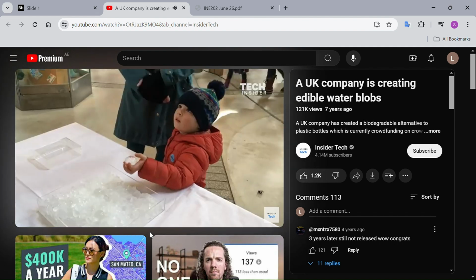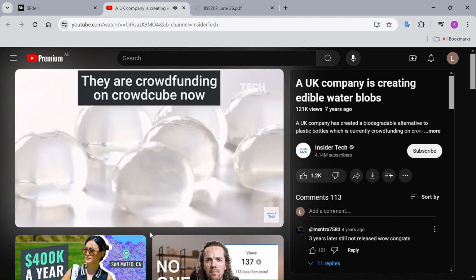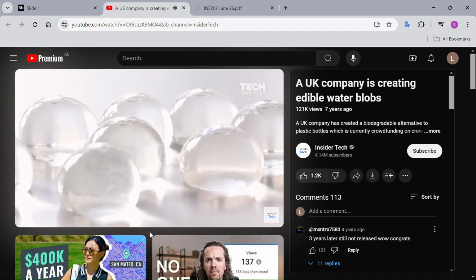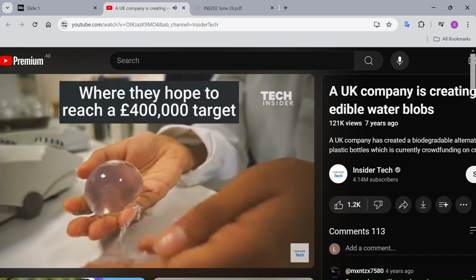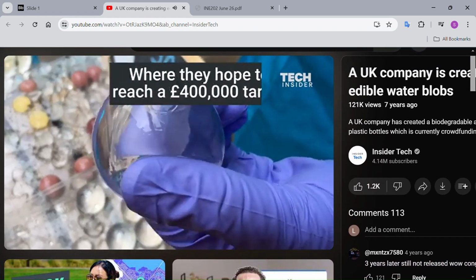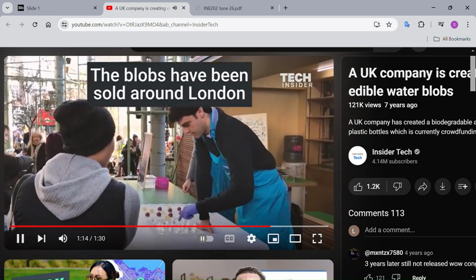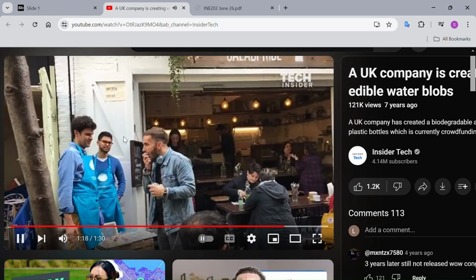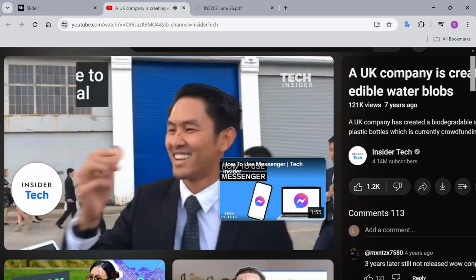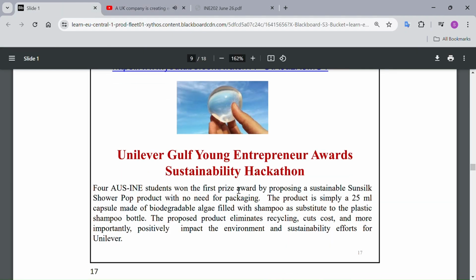Can also have flavors. Amazing. That's a very creative idea. I love it.